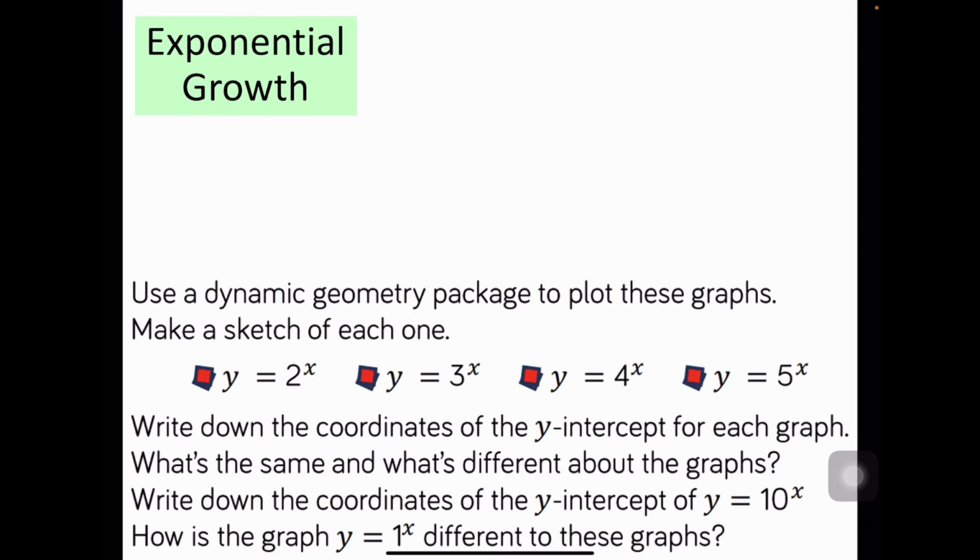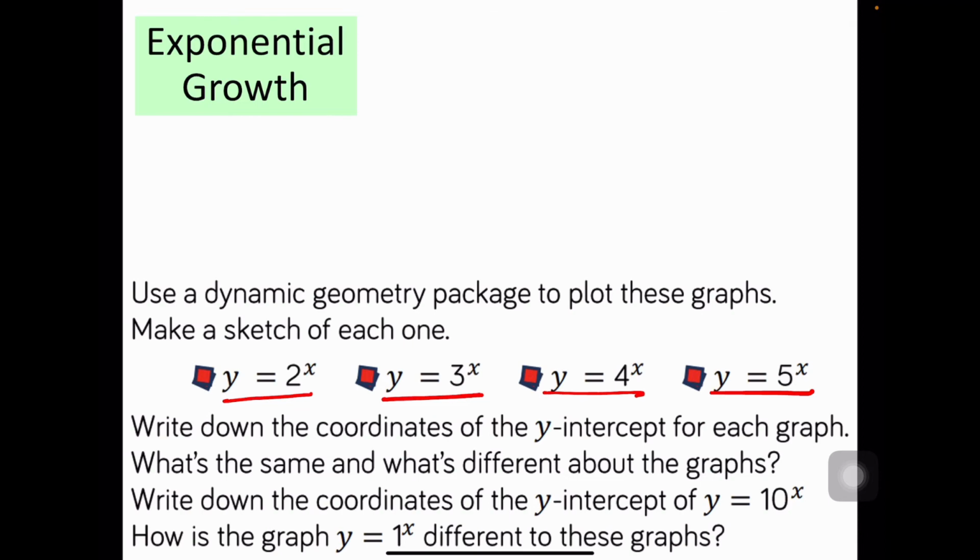So again, looking at exponential growth, I would like you guys to sketch these 4 on one set of axes, just so we can see how these curves will look in comparison with one another, and then answer the questions on the screen.